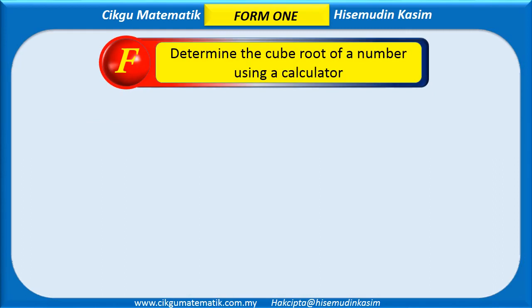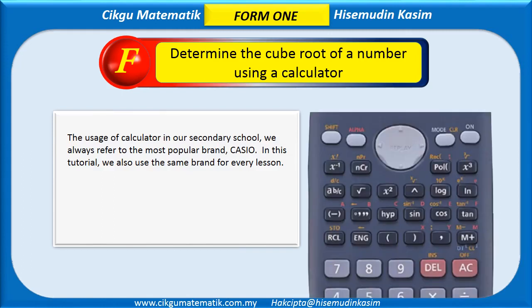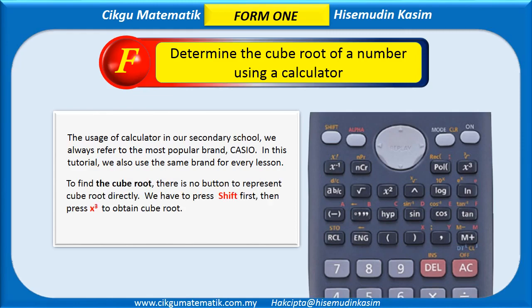F. Determine the cube root of a number using a calculator. The usage of calculator in our secondary school, we always refer to the most popular brand, Casio. In this tutorial, we also use the same brand for every lesson.